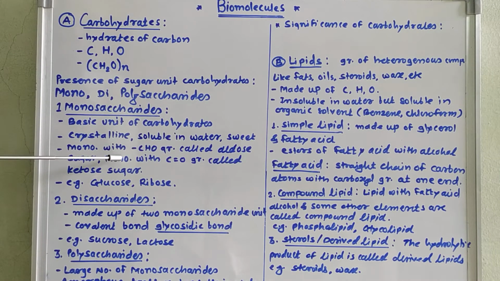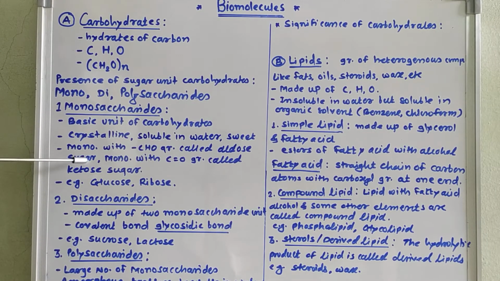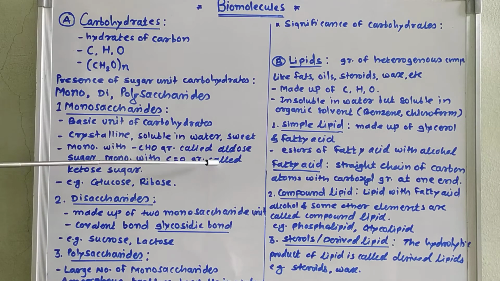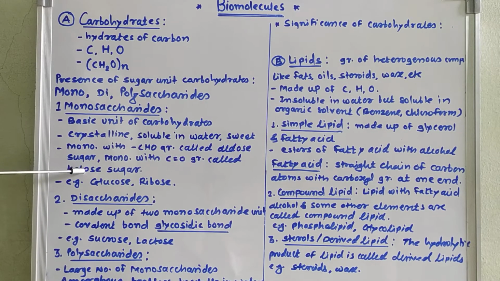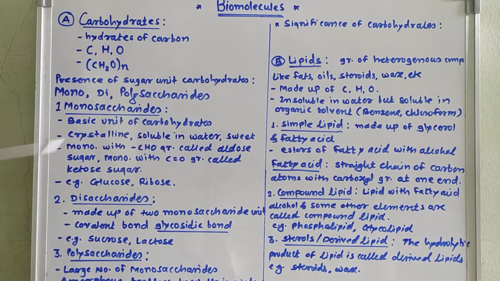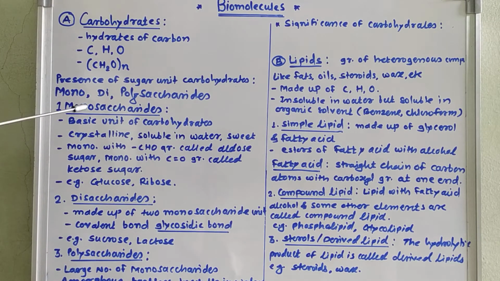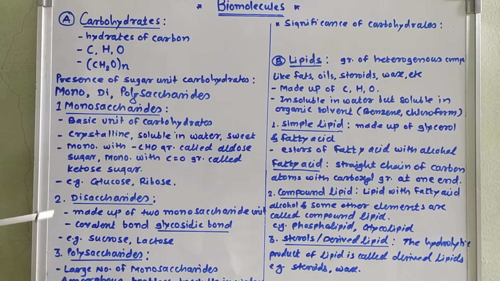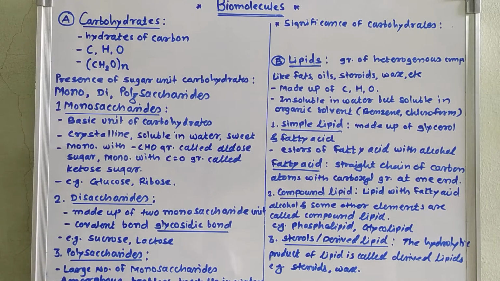While a monosaccharide with a ketone group, that means C double bond O, is called ketose sugar. These are some characteristics of monosaccharide. And lastly, some examples of monosaccharide are glucose and ribose. Mono means single unit.